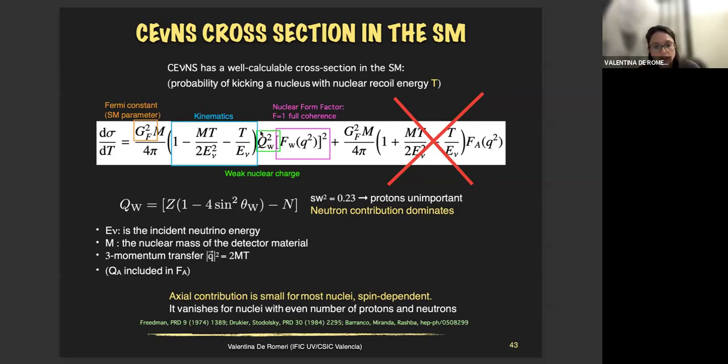And there is this extra term, which is the weak nuclear charge, which is defined here, and which is the term that eventually encodes the typical N-square dependence. Indeed, we can see that the number of protons, Z, is multiplied by a factor which depends on the value of the weak mixing angle. And given the value of the weak mixing angle within the standard model, this factor basically cancels out. And so that's why we are left with the typical N-square dependence of this cross-section.